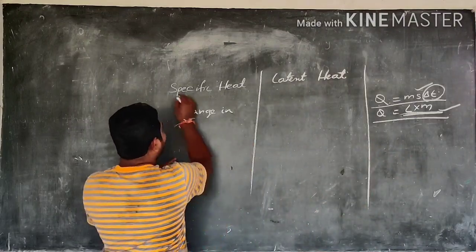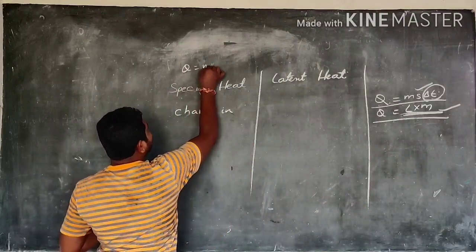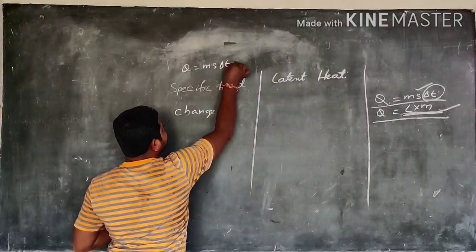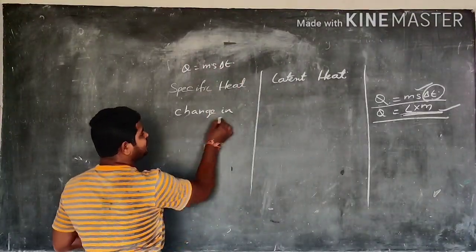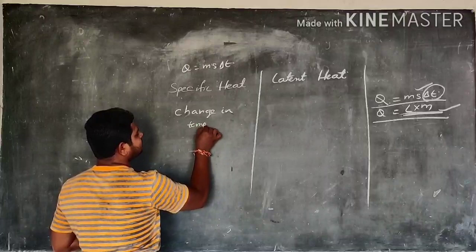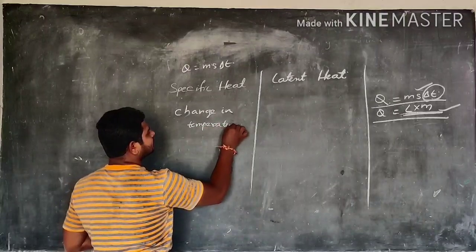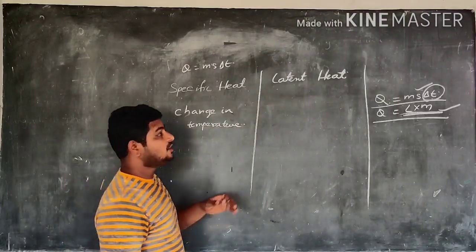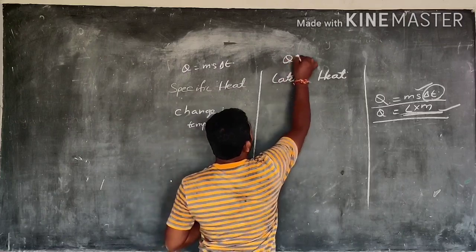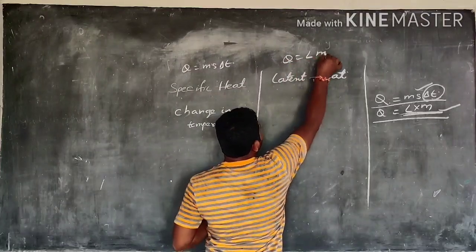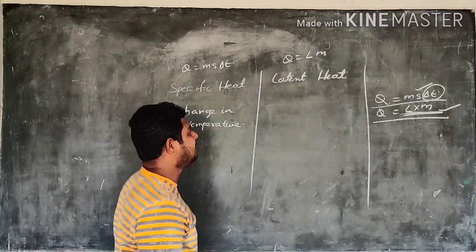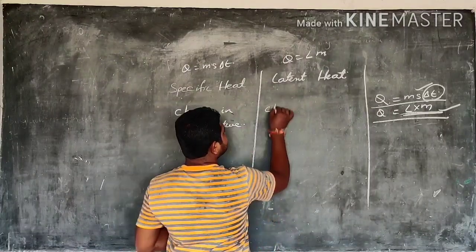You use Q is equal to ms delta T when there is a change in temperature. You use Q is equal to latent heat times mass when there is change in the state.